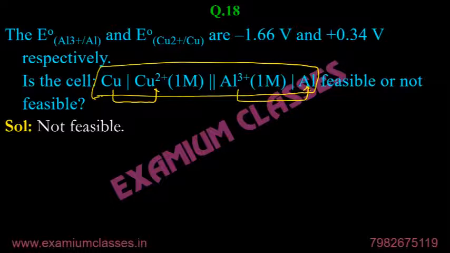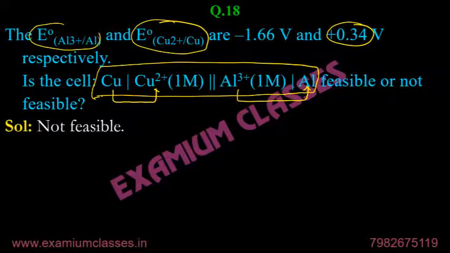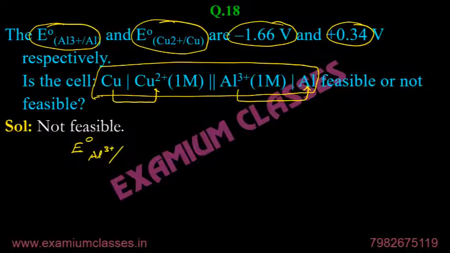So if we talk about E naught of copper, it is 0.34. However, E naught of aluminum is minus 1.66. Again, remember these are the electrode potentials only, reduction potentials. So whenever these are given, these are not oxidation potentials.